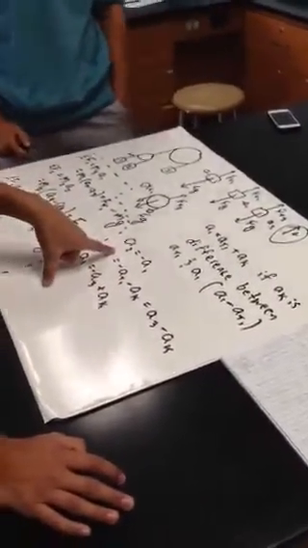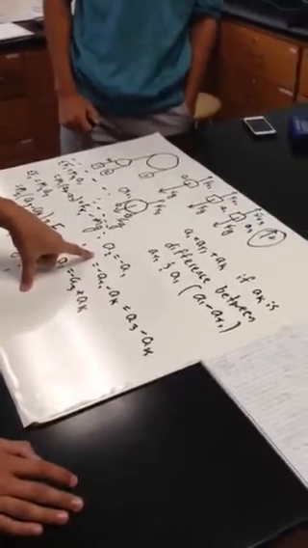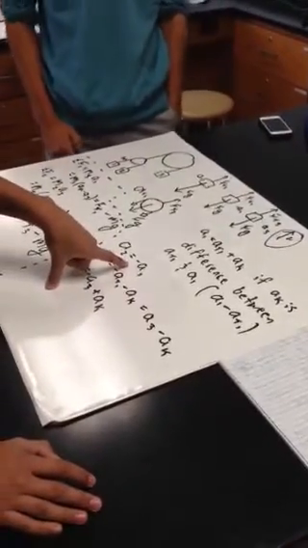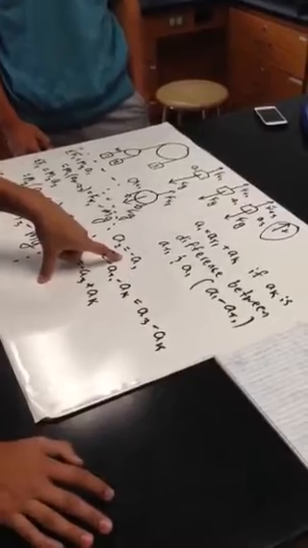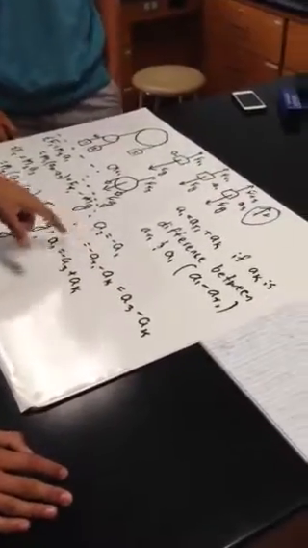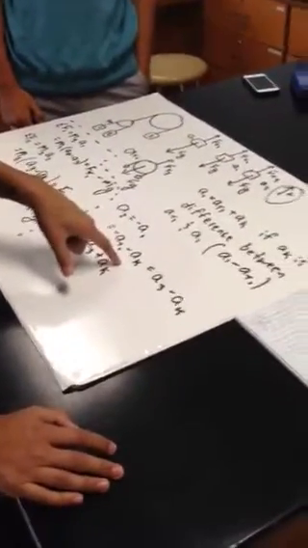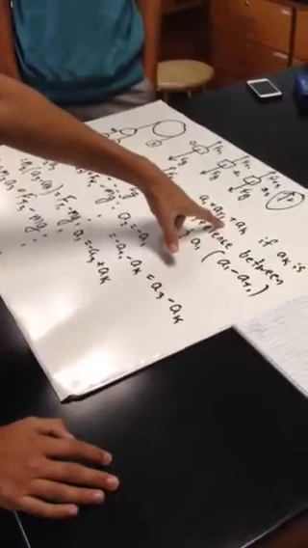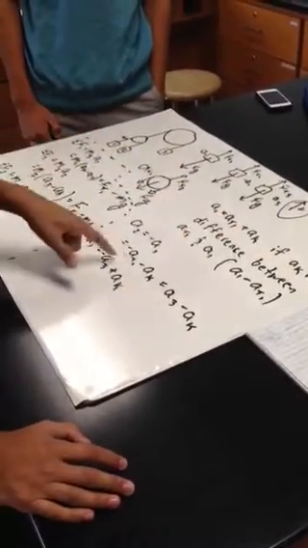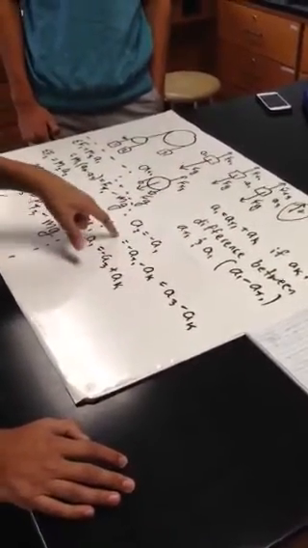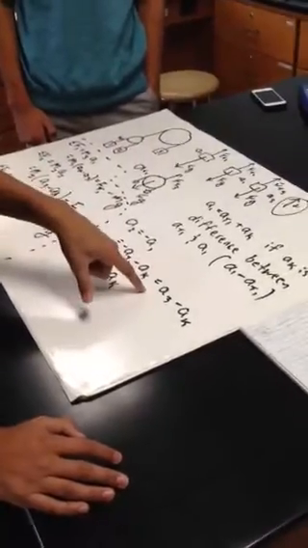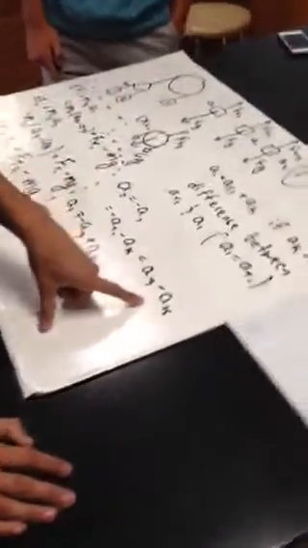As we mentioned before, the acceleration of block 2 is really the acceleration of block 1, just in the opposite direction. So for the acceleration of block 2, we can write negative AT1 minus AK. We can go even further by saying that the acceleration of block 2 is also equal to the acceleration of block 3 minus AK.